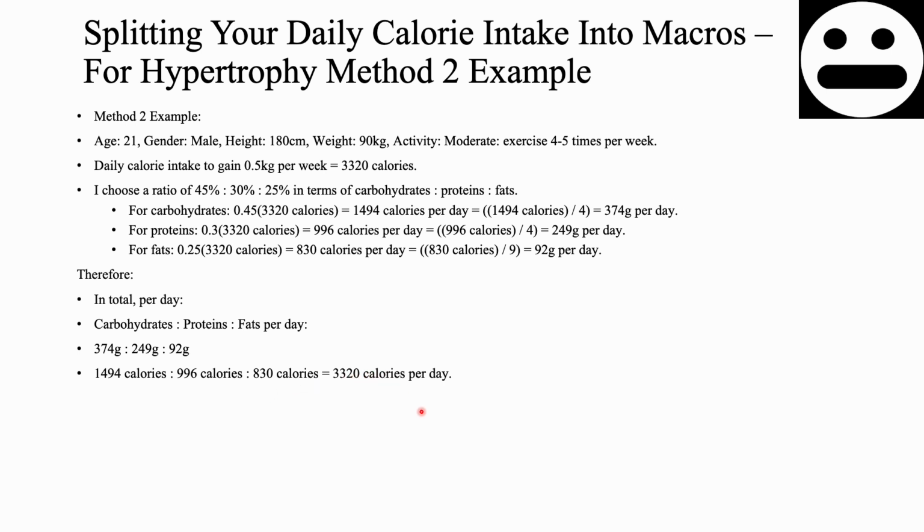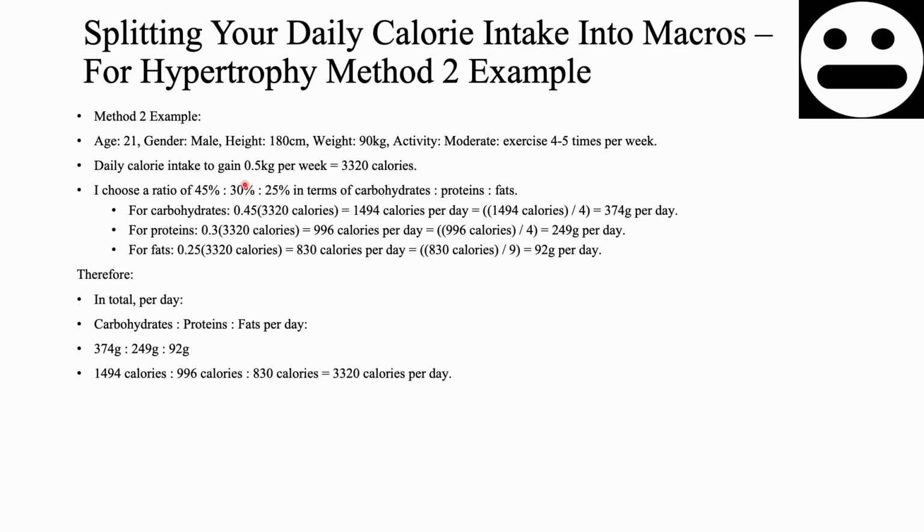It's quite similar to the previous example of method 1, but it just shows you there are different ways of doing it, and sometimes some people would like to go on a keto diet, for example. In my opinion, I don't really recommend it, but some people, just for their own peace of mind, want to do keto. So what they can do is, for example, 10% carbs, and the remaining 35% switch to fats.